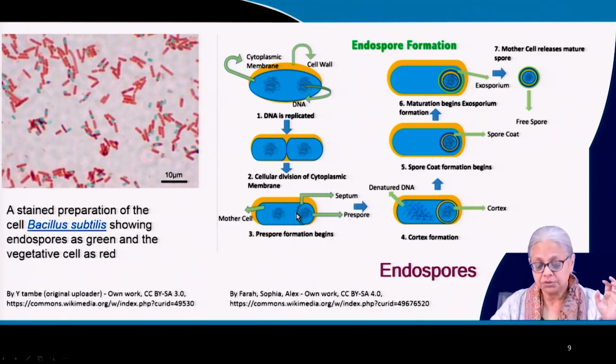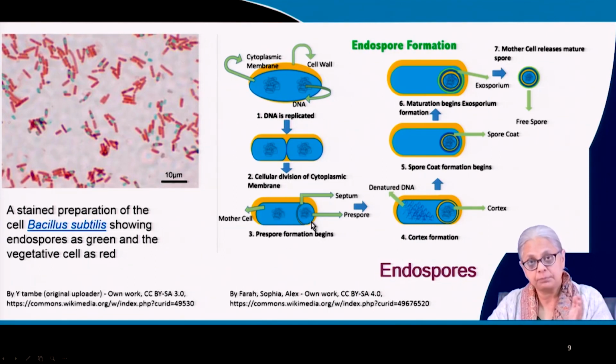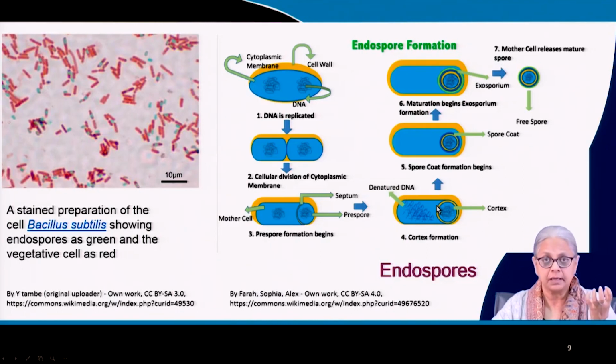The pre-spore is formed. So a septum is formed that separates the spore from the mother cell. In the next step, a cortex is formed around the spore. So this DNA has been protected by the formation of the cortex. The DNA in the mother cell has been destroyed because the mother cell is no longer producing.